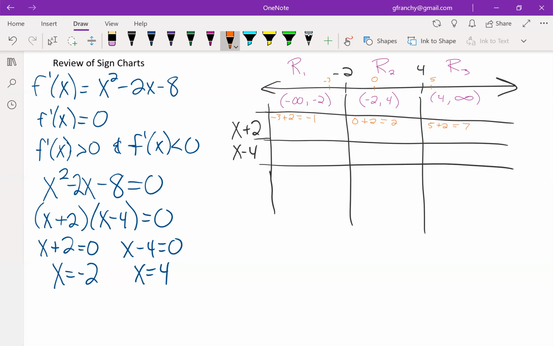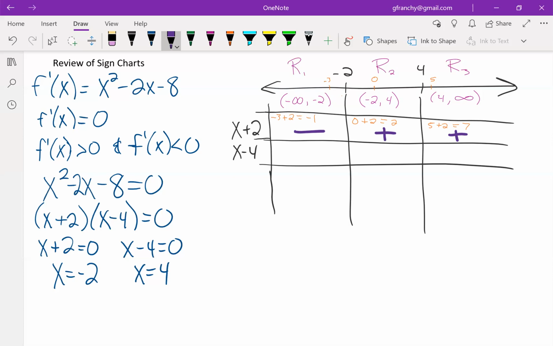Now, if we wanted to graph this, it's always nice to have additional points, and that's what we would take the number parts for. But what we're really more interested in here is the fact that in the first region, x plus 2 is negative. In the second region, x plus 2 is positive. In the third region, x plus 2 is positive.